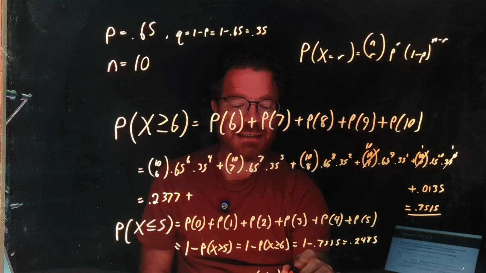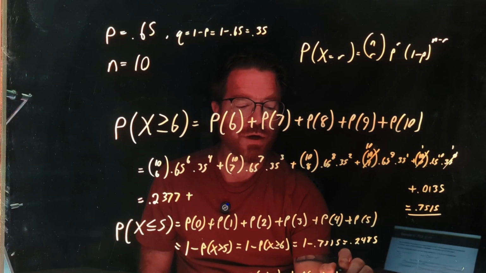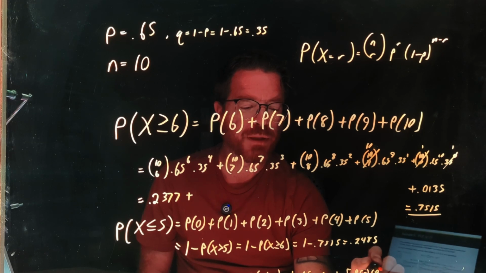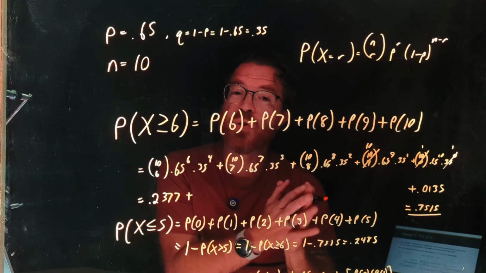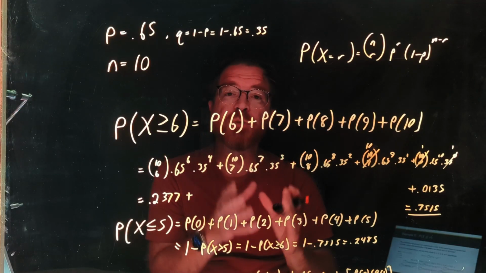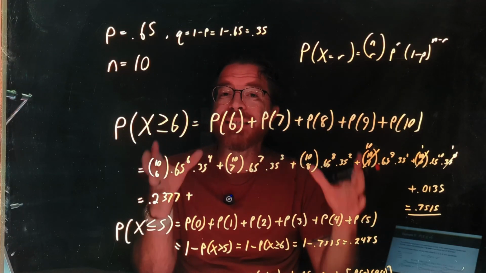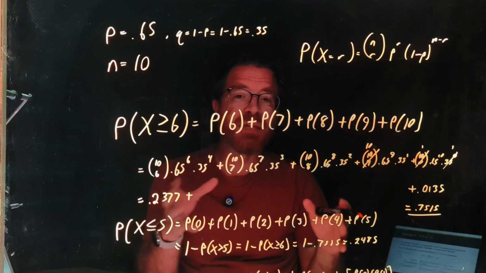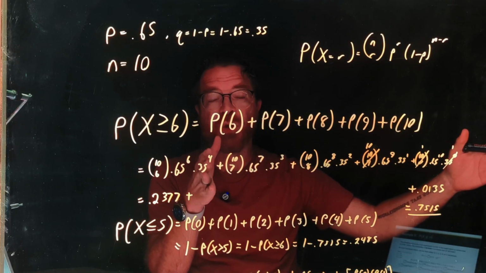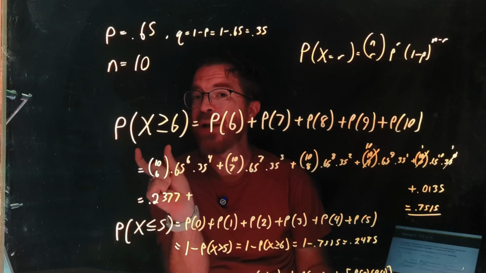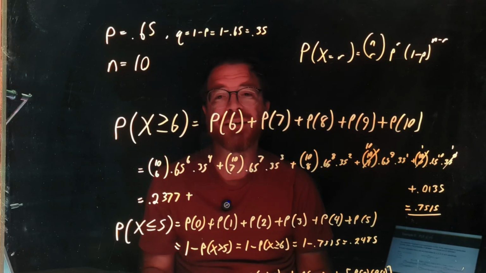This would be a lot easier to find. 1 minus the probability x is less than 2, which would just be 1 minus the probability of 0 plus the probability of 1. So this is actually one of the strengths of the fact that with a probability distribution, all of your probabilities must sum up to 1, which means that if you have a really big calculation in one direction, you might actually have a very simple calculation just by using the complement of this.